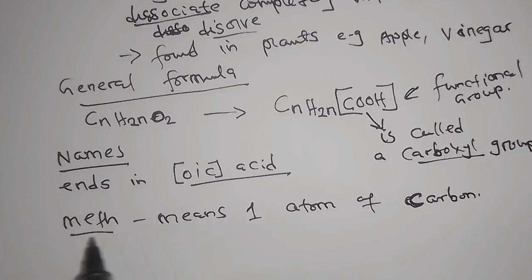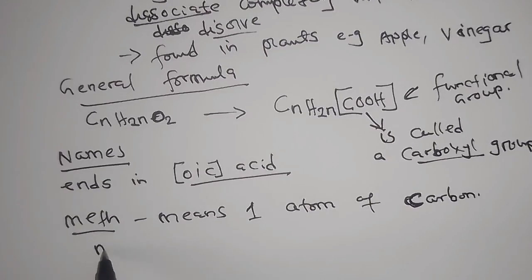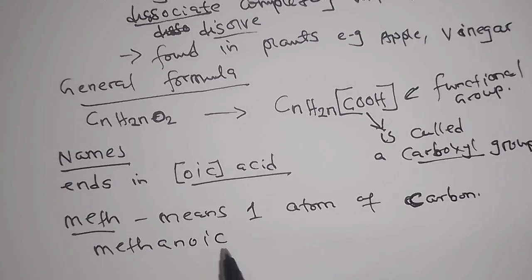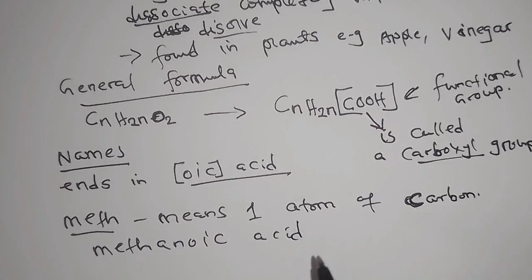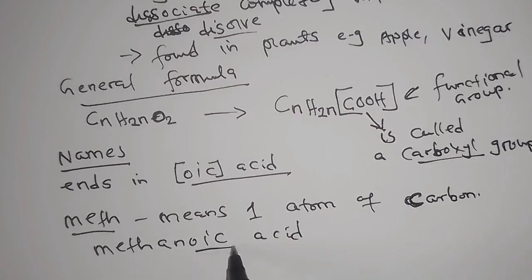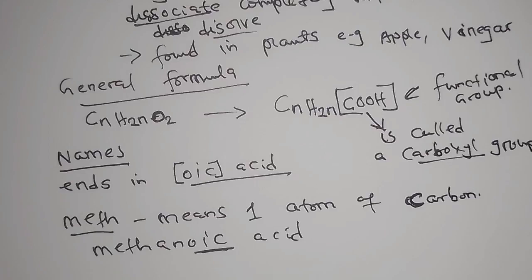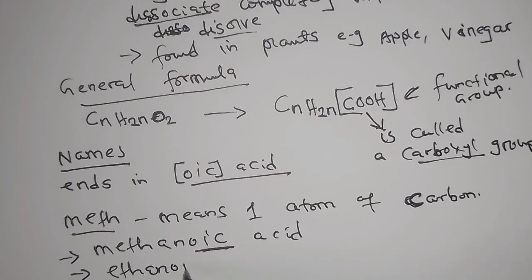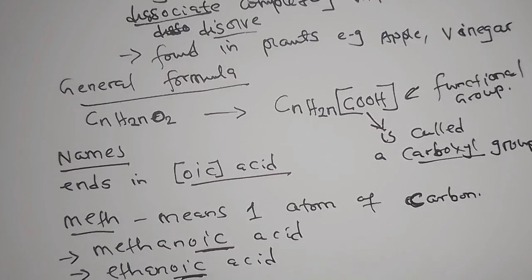So I can have methanoic acid, because it ends in -oic, and then I can also have ethanoic acid. You can see that it ends in the three letters OIC.